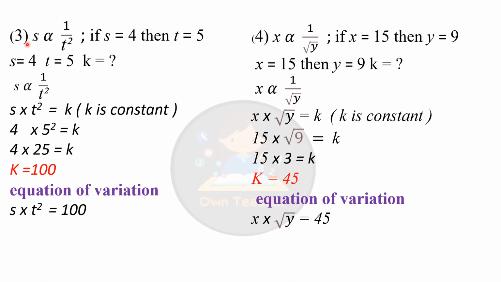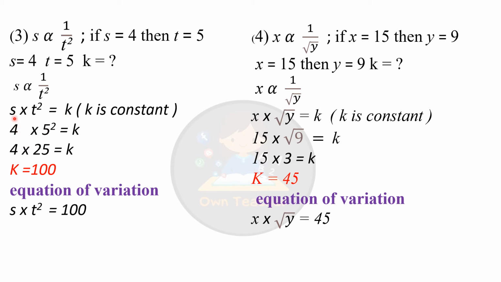The third example, S is inverse proportional to T square. If S is equal to 4, then T is equal to 5. What is the value of K? So S is inverse proportional to T square. S into T square is equal to K. We know K is constant.